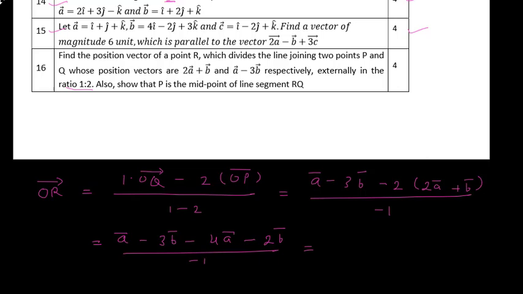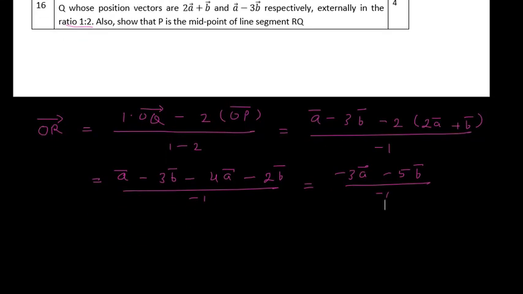A bar minus 4A bar is minus 3A bar, and minus 3B bar minus 2B bar is minus 5B bar, whole divided by minus 1. That gives the value of OR as 3A bar plus 5B bar.